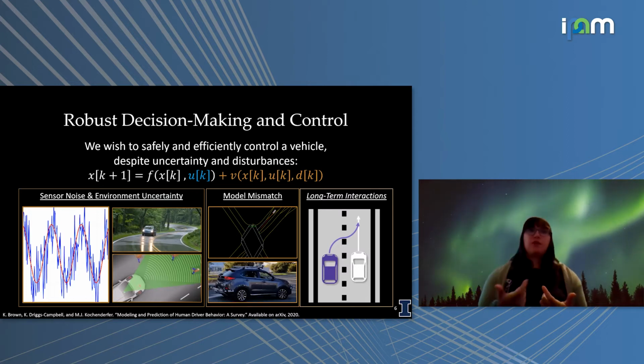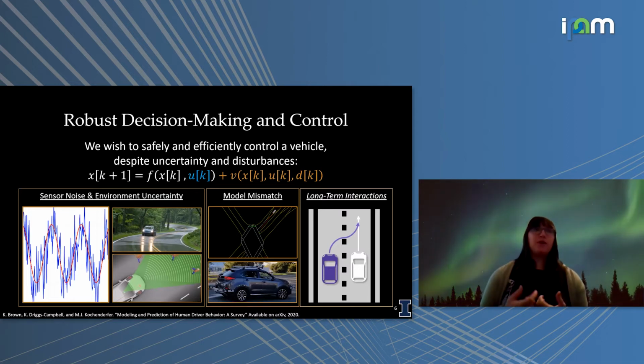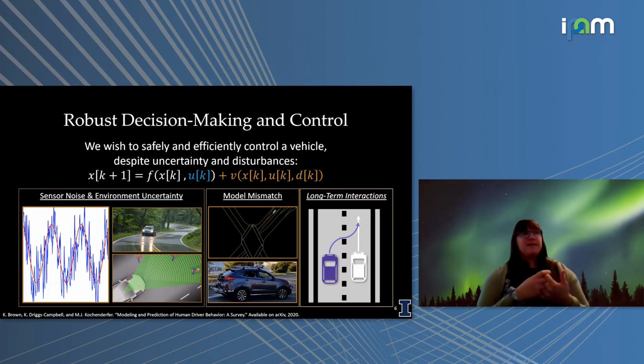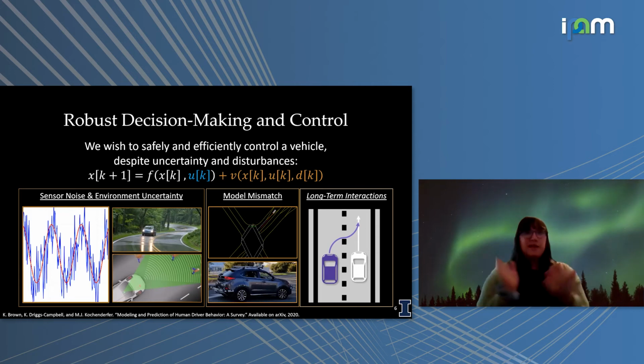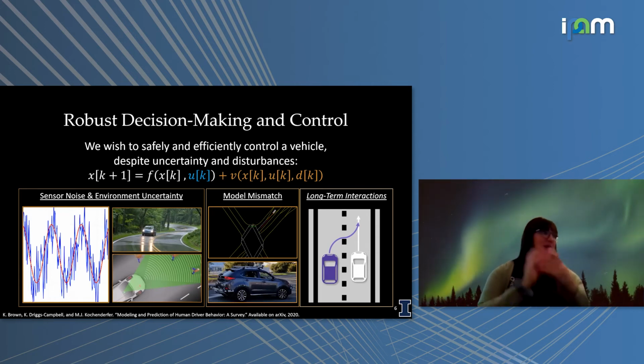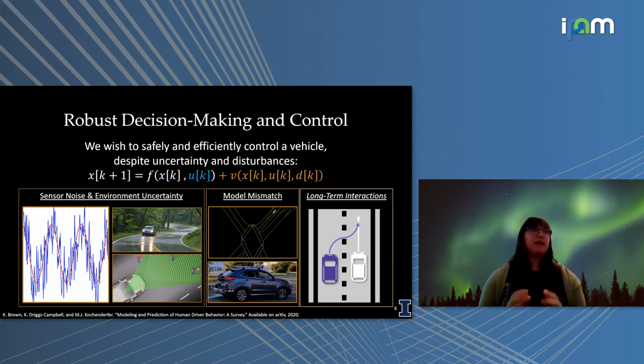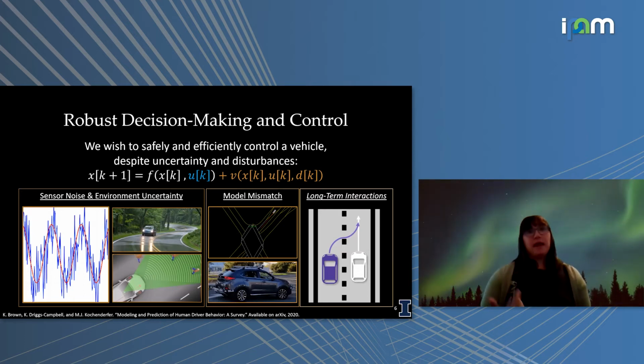Looking at these driver interactions or human driver modeling, and then those associated control frameworks, has been the subject of many PhD theses, including my own. And there's been a ton of work looking at how to predict and understand these driver behaviors.